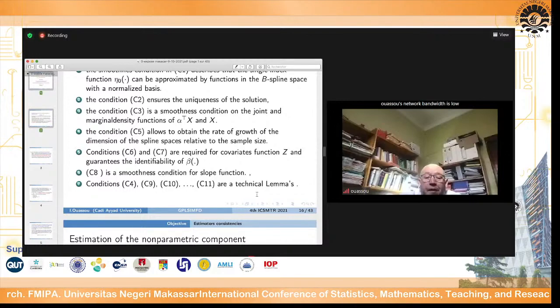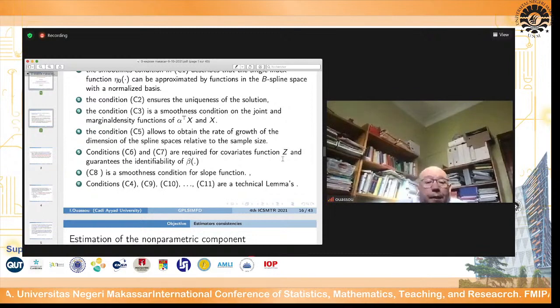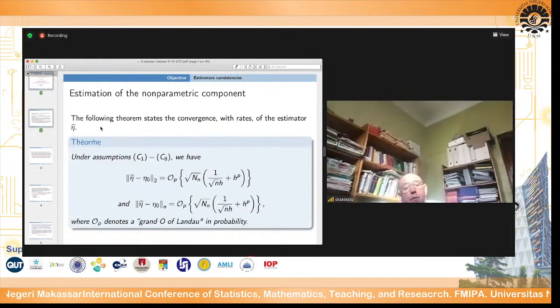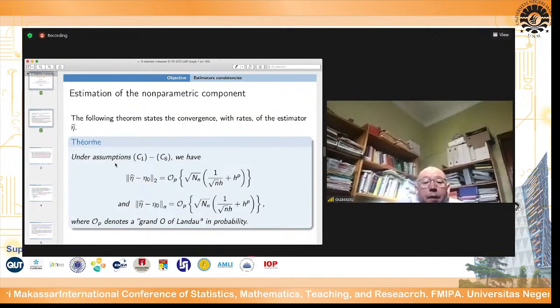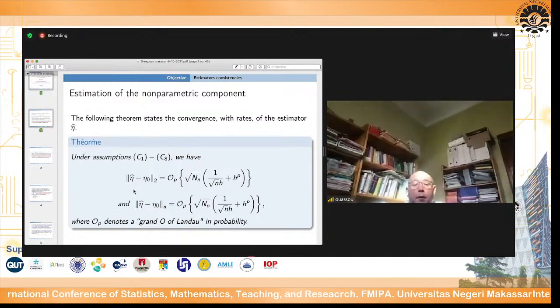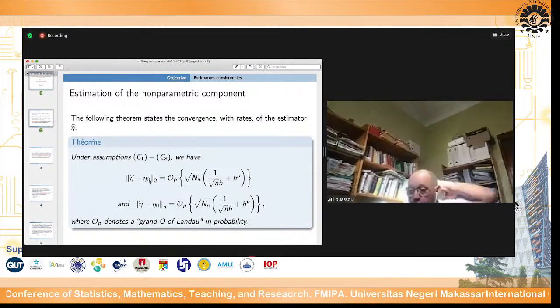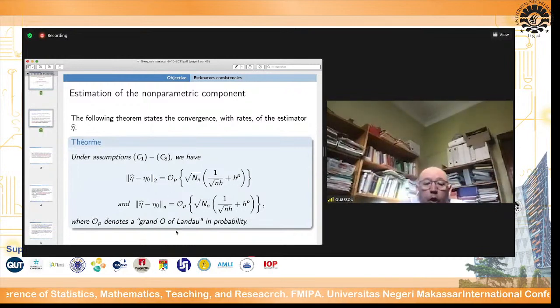First result, the theorem states the convergence with rate of our estimator, the estimator of eta. Under the assumptions C1 to condition 8, we have that the difference between the estimator and eta 0, in norm, is equal to O in probability.